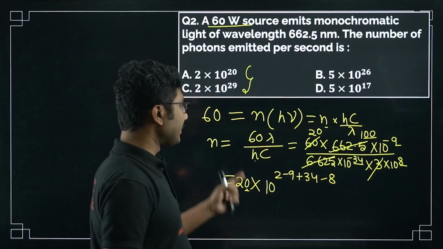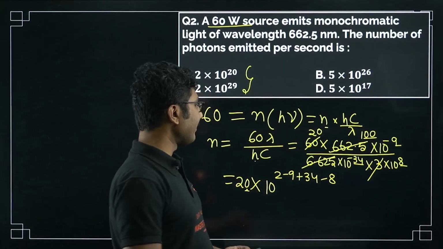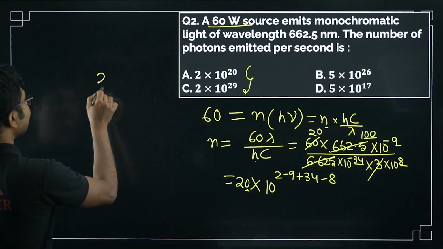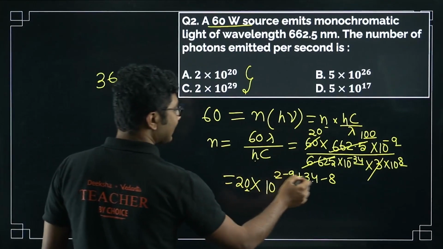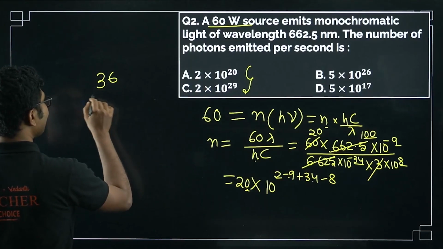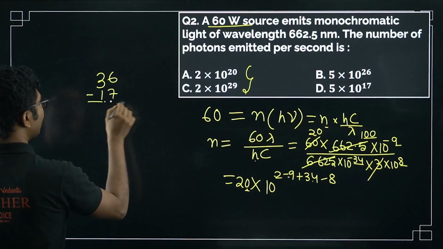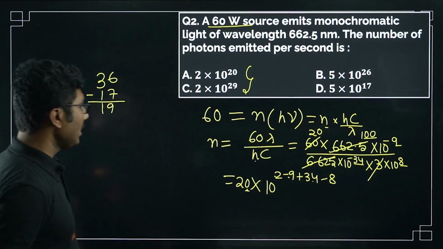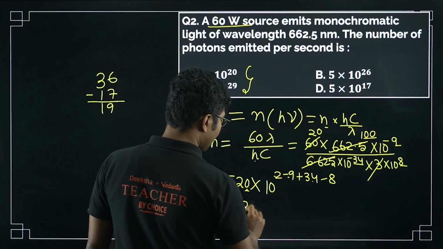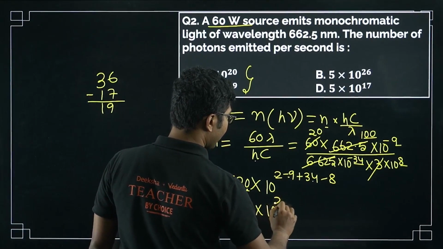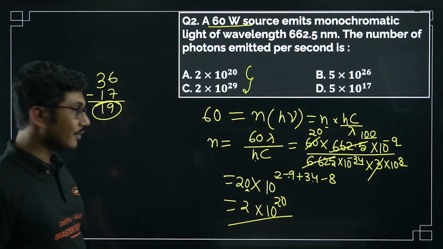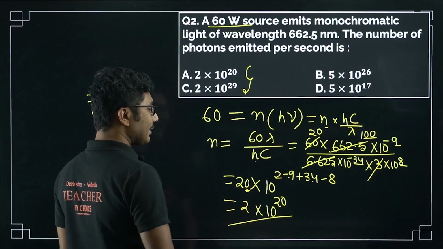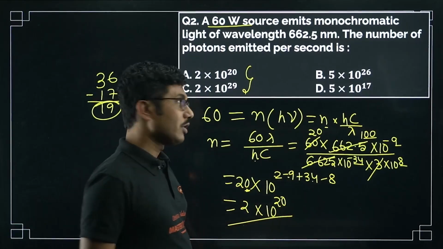So it will be 36 minus 17: 2 plus 34 is 36, and minus 9 minus 8 is minus 17. So it will be 19, so the answer is 2 into 10 to the power of 20. It was coming out to be 10 to the power of 19, and if we take that extra 0 as well, it becomes 10 to the power of 20.